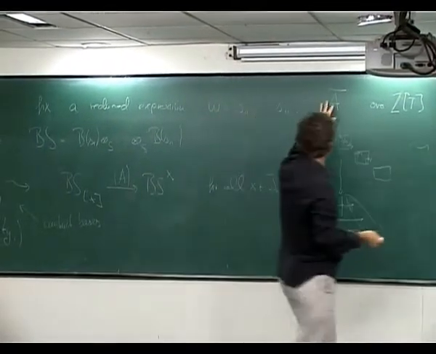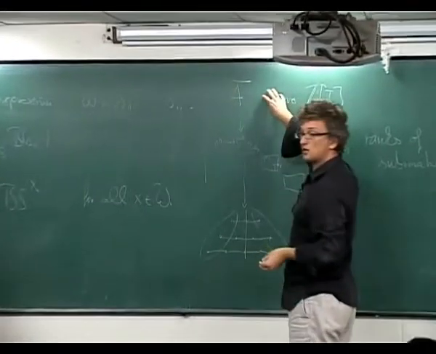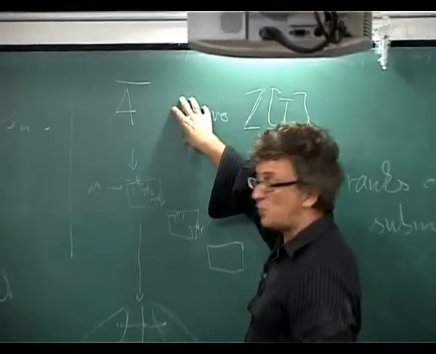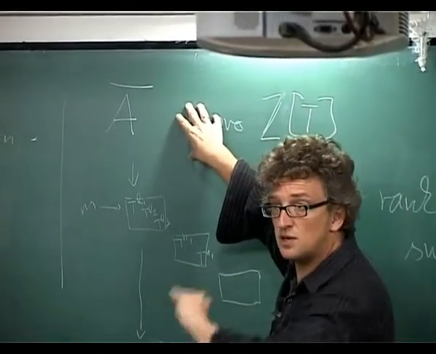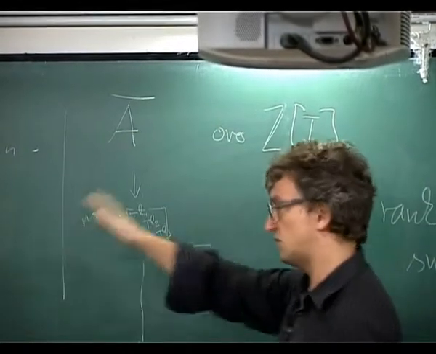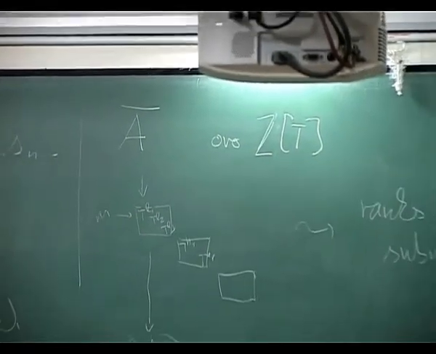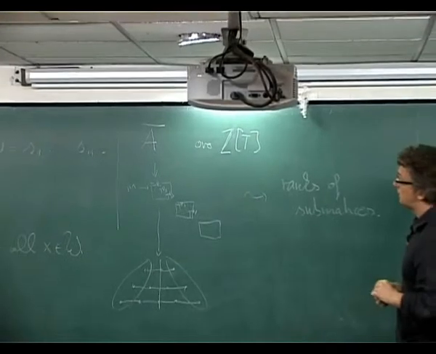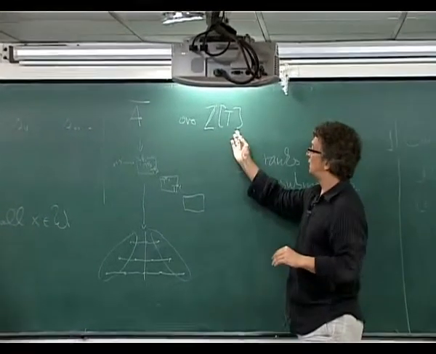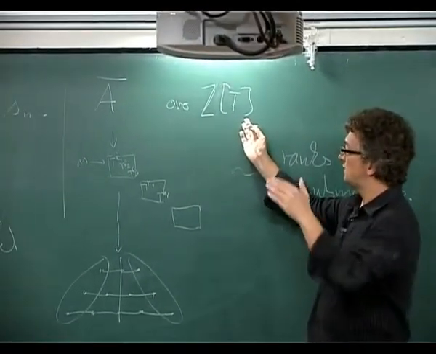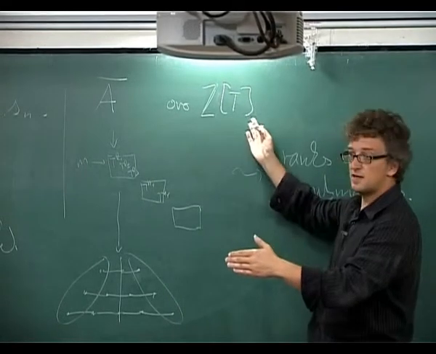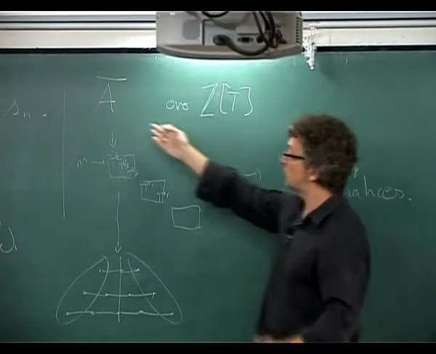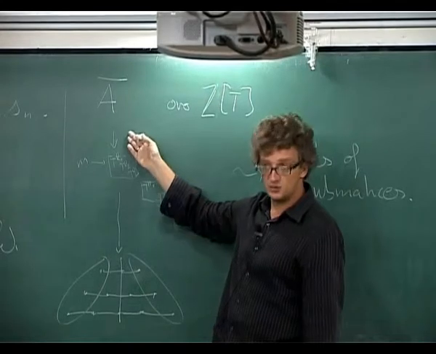Each entry is actually a product of roots, probably of n roots. No, it depends on which entry you're looking at. It's a little bit more complicated. And then you have to reduce it to a one-dimensional situation. This gives you an integral matrix, but you can give an upper bound on each entry.